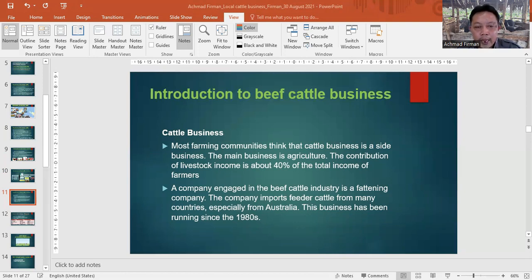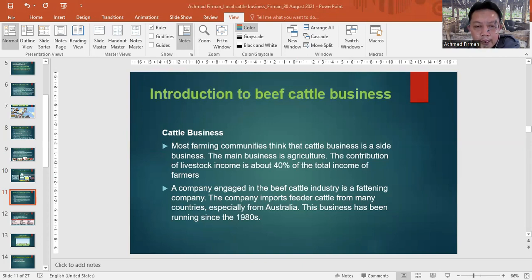The companies that participate in the cattle industry are focused on fattening imported cattle. This cattle fattening company, called a feedlotter, began to grow in the 1980s.